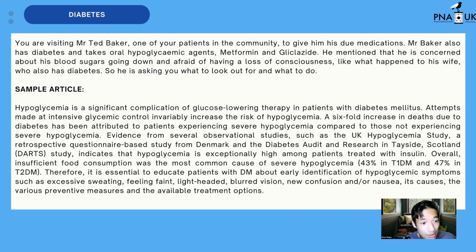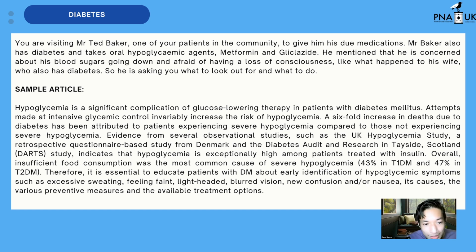Evidence from several observational studies such as the UK hypoglycemia study, a retrospective questionnaire-based study from Denmark, and the diabetes audit and research in Tayside, Scotland, study indicates that the risk of hypoglycemia is particularly high among patients treated with insulin. Overall, insufficient food consumption was the most common cause identified for severe hypoglycemia, 43% in type 1 diabetes and 47% in type 2 diabetes.